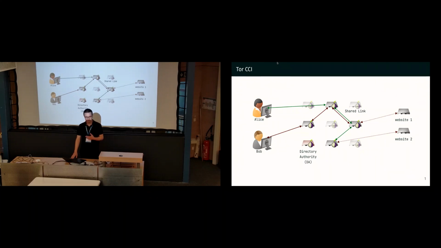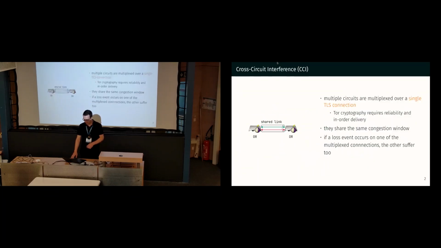And the problem with shared links in Tor: between two relays, there's a TLS connection, and multiple circuits are multiplexed over this connection, and they share the same congestion window.